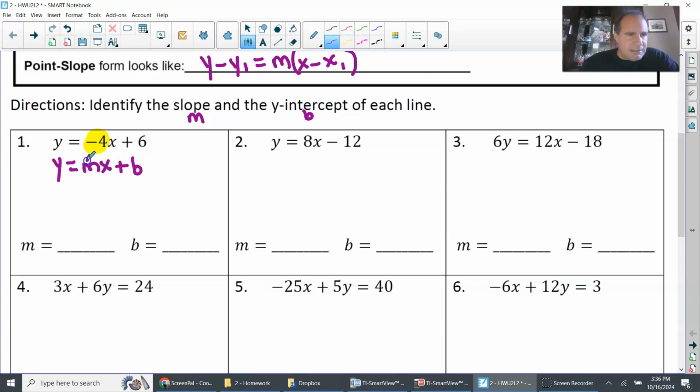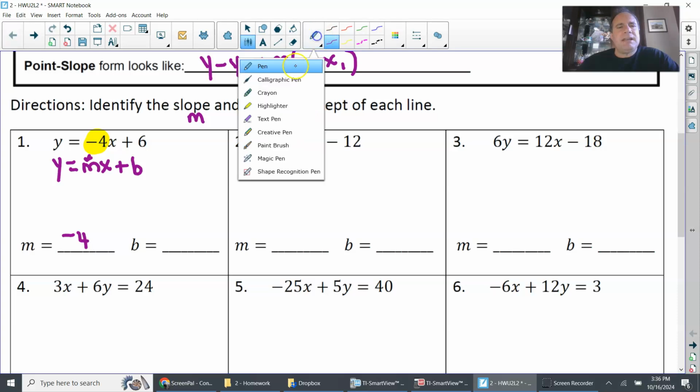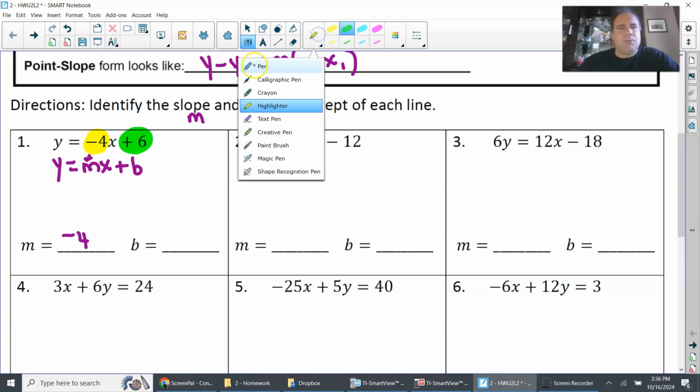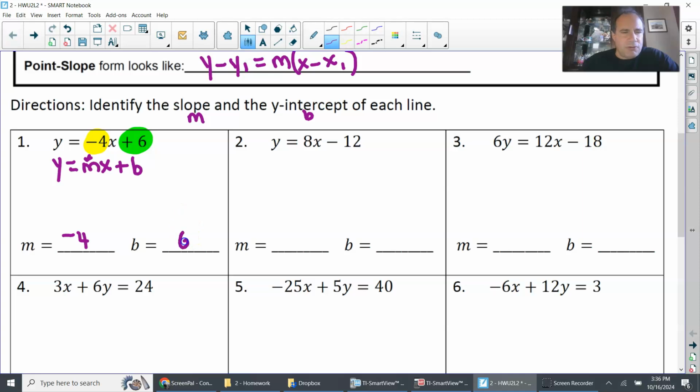And that's the slope, so -4. The other number, which is the +6 in this case, is the y-intercept. That's where the line crosses the y-axis.